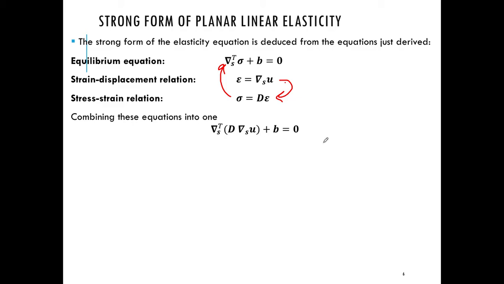This is our strong form for 2D linear elasticity, which we can also call planar linear elasticity, because 2D means that we're looking at a problem within just one plane. Finally, a strong form also consists of the boundary conditions being applied on our particular specimen.